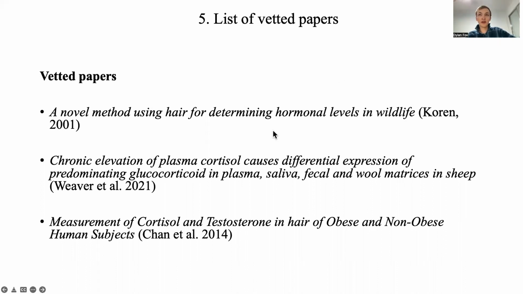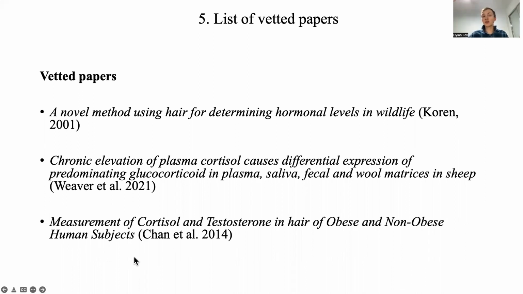So here we've got one, the first paper, so this one here. Then I have another paper that is looking at different sample types. So it's looking at blood, saliva, fecal, and wool tissues. And then we have another one looking at cortisol and testosterone, so both the hormones I'm looking at, in hair, in obese and non-obese human subjects.